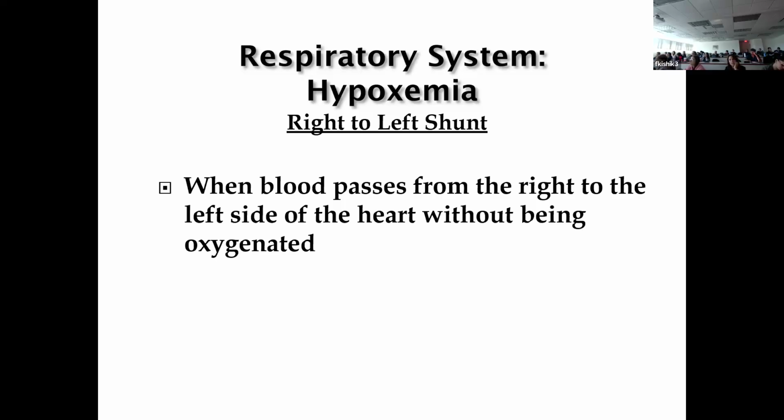Let me just go. So, right to left shunt is when blood passes from the right to the left side without being oxygenated. So, what's an example of that? Atrial septal defect. Okay, good. That's an example. It goes from the right atrium, skips the lungs, and goes right to the left atrium. That blood that skipped, is it oxygenated?